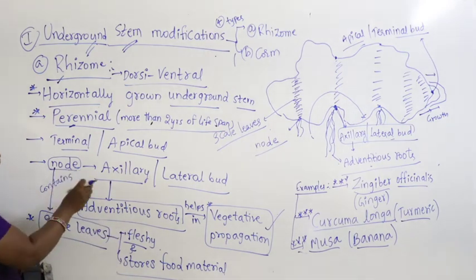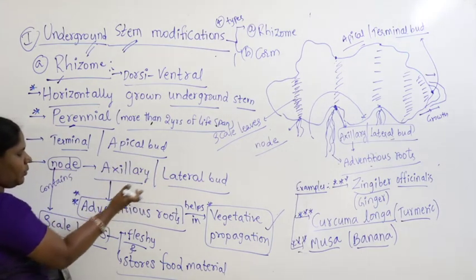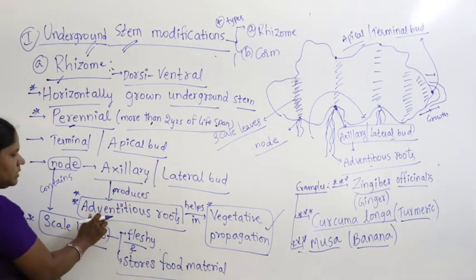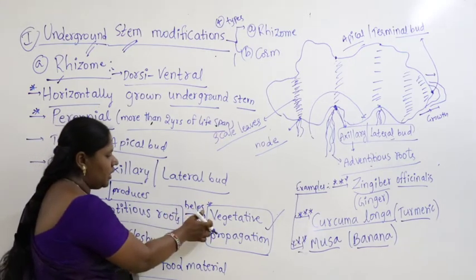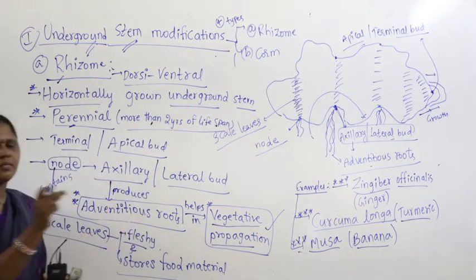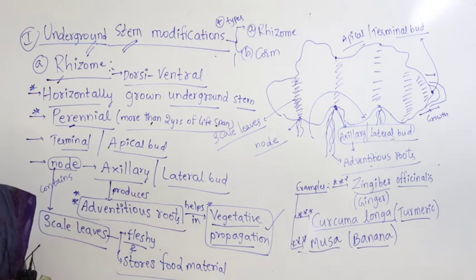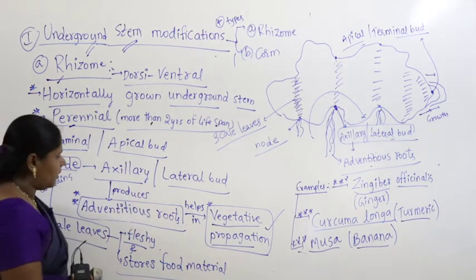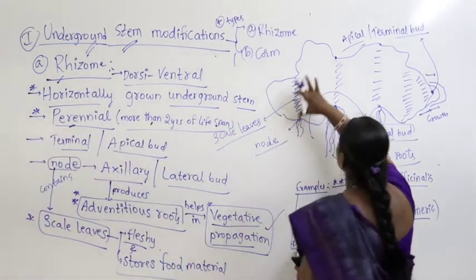Scale leaves become fleshy and store food material. Similarly, from the node in some places, what develops is called the axillary or lateral bud. The axillary bud produces adventitious roots, and these adventitious roots help in vegetative propagation. What is vegetative propagation? If you cut any part of the plant and place it into the soil, it develops into a new plant. Look here, this is a ginger.